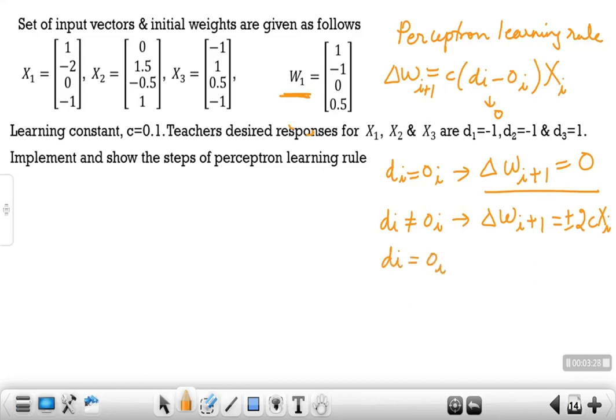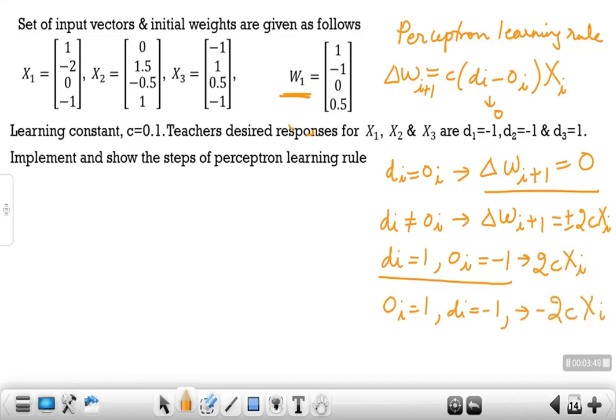It will be plus when di is equal to 1 and oi is equal to minus 1, that time it will be twice Cxi, and when oi is equal to 1 and di is equal to minus 1, it will be minus 2Cxi.